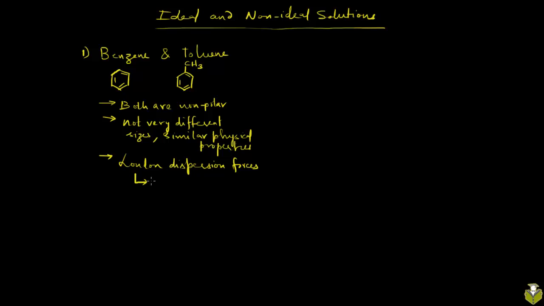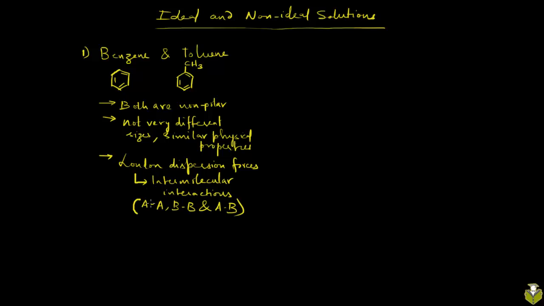These will be the intermolecular interactions, all kinds of interactions, AA, BB, and AB.